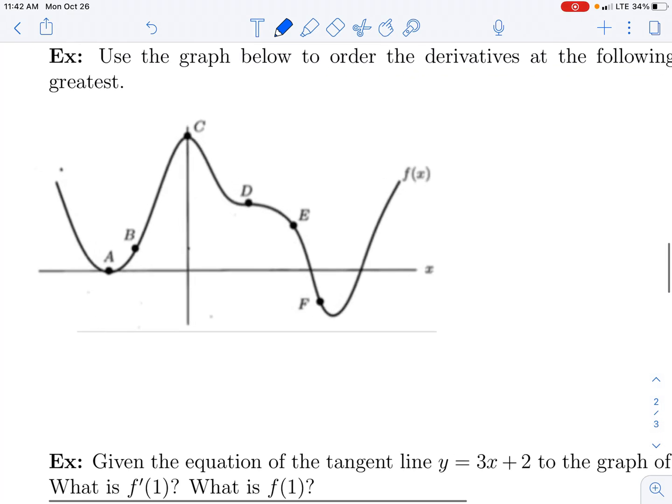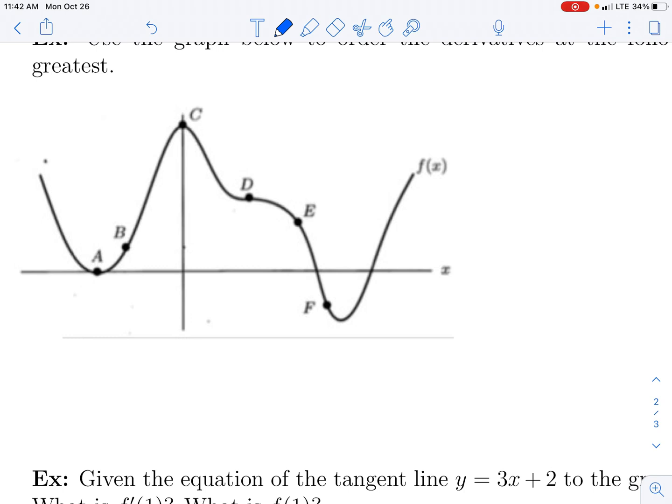Well, basically you want to look at the point. If I want to draw a tangent line to the point labeled A here, I want it to go through that point, and I also want it to kind of follow the graph. But remember that the tangent line goes through only 1 point of the graph of your function f. So it's following the graph kind of, but it's not going through any other points other than that point.